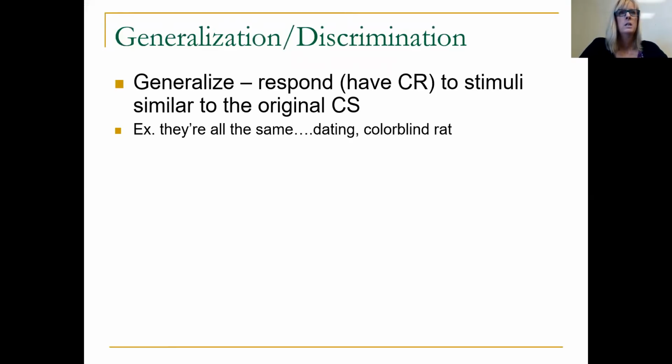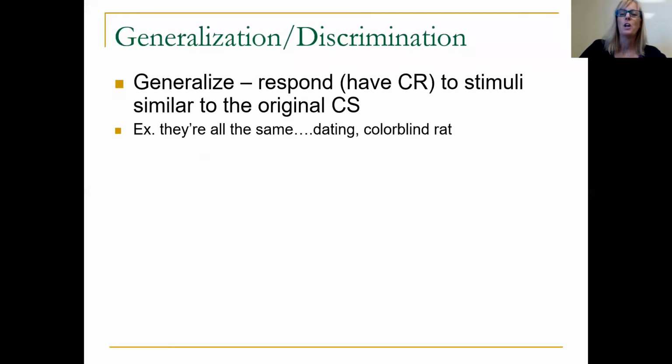So if you get trained on one stimulus, you're going to treat similar ones the same. The examples I have here are, if somebody dates a redhead and has a really bad experience, they might go like, I will never date a redhead again, right? Obviously you can recognize that as a generalization. You're treating different people as if they shared some quality.